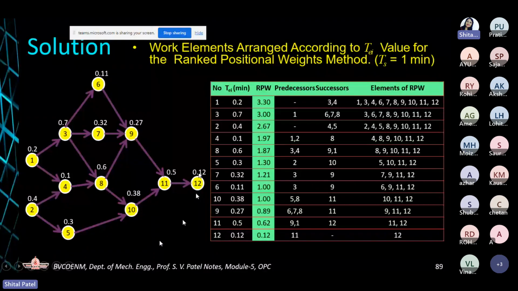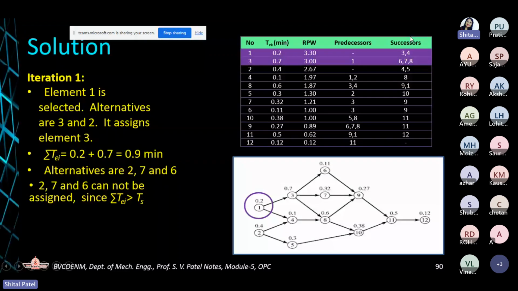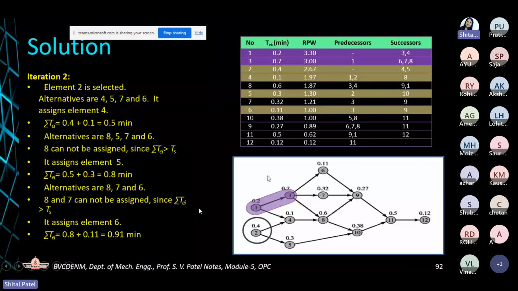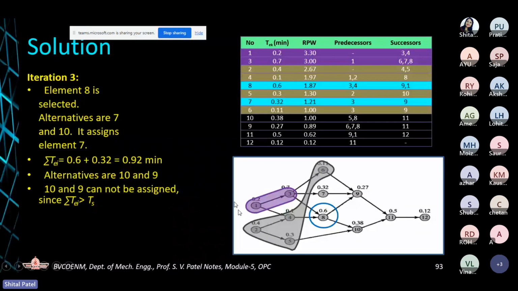Now proceeding further, we have the same table and the same process. If you go further ahead, you will group the activities, and you will have the activity grouping. Now, the allocation or grouping of the activities in terms of workstations has changed.